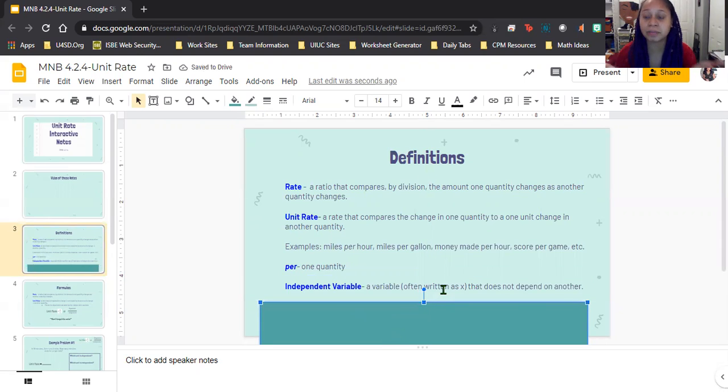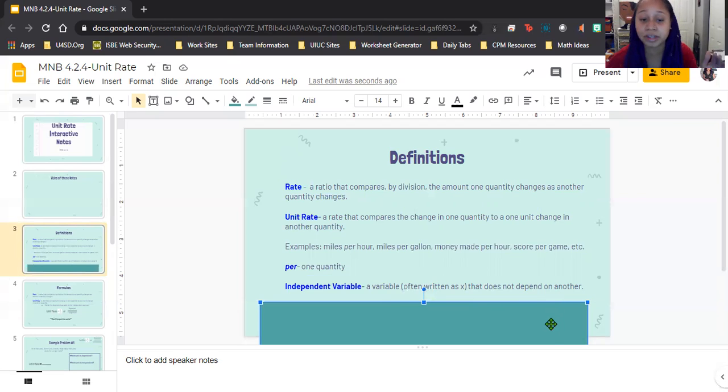Then we break this up a little further into independent and dependent variables. An independent variable sounds just like what it is. It's independent. It's a variable that's often written as x. In your xy tables, it's usually the x variable. It does not depend on another. Think of it as it doesn't need anything.